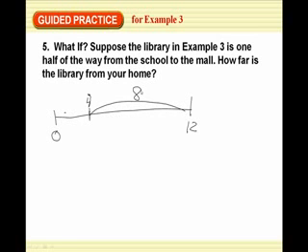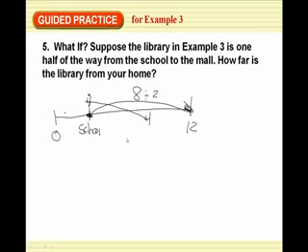So suppose that the library is 1/2 of the way from the school to the mall. So it's from the school, if I should label this school. Halfway between here and here, what's half of 8, divided by 2, would be 4. So it'd be another 4 miles on from the school.